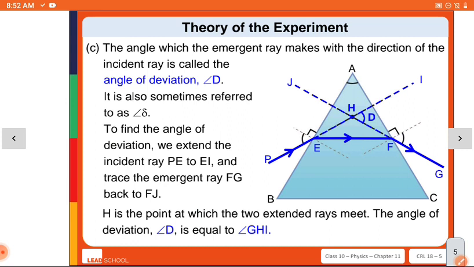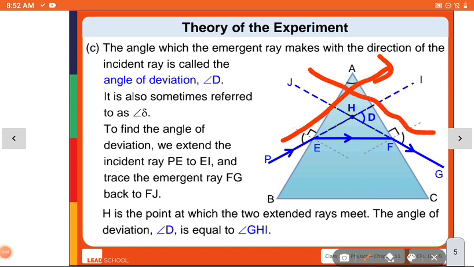To find the angle of deviation, produce the incident ray PE forward to EL, and trace FG backward to FJ. These lines intersect at point H, and the angle of deviation D is equal to angle GHI.